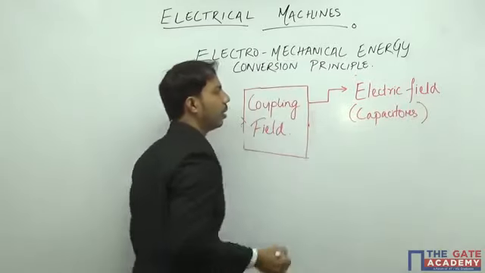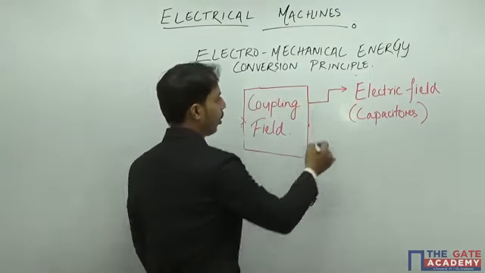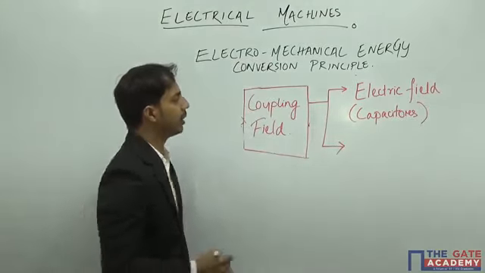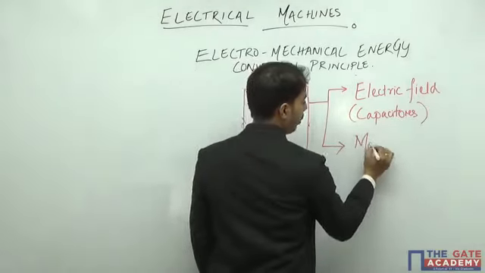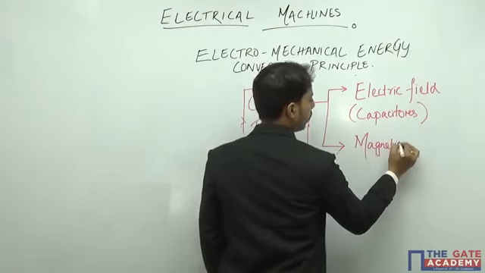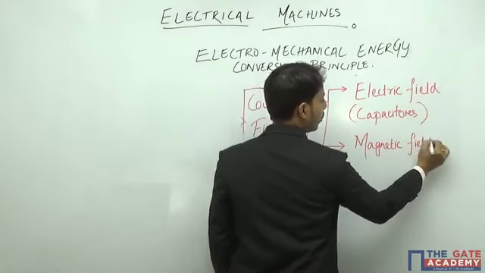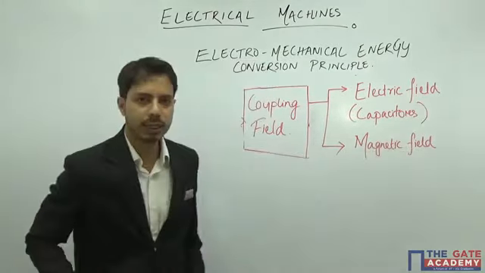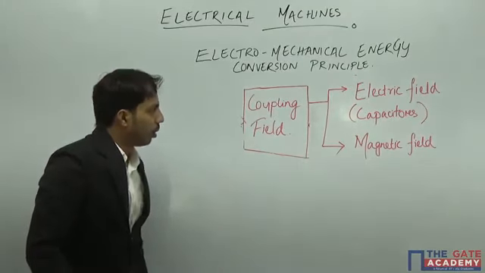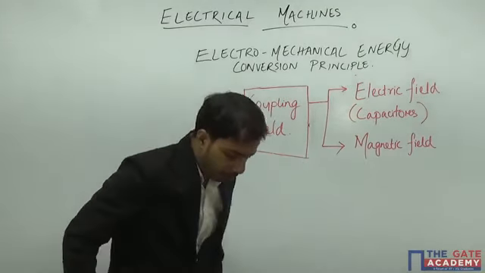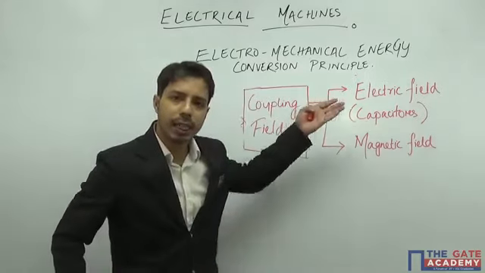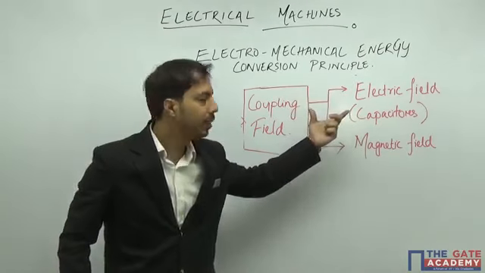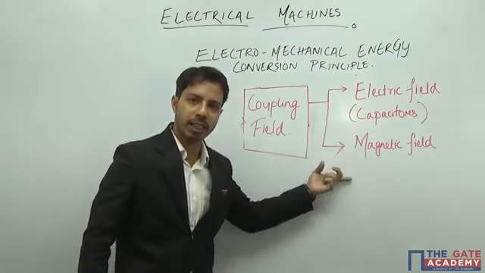The second type of realization of this coupling field is the magnetic field. There are many ways to create a magnetic field, which we will see later. The difference between them is that the energy stored in the electric field is less than the energy that can be stored in the magnetic field.